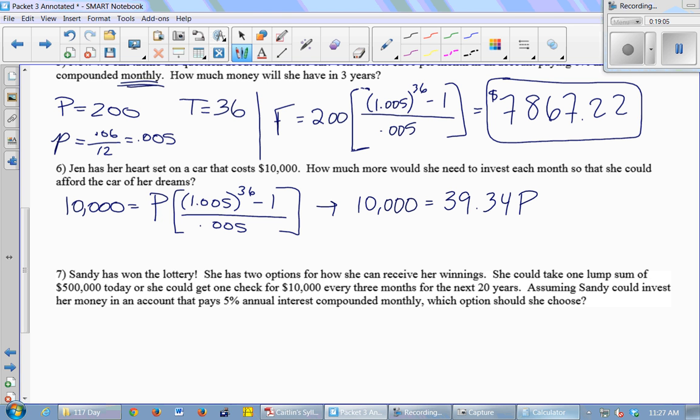But when I actually do the division, 10,000 divided by this number, I'm going to use the whole long decimal that was in my calculator. There's no reason to write it all out because your calculator can save that number. You're just showing me what you're doing for work. And we end up with P equals.